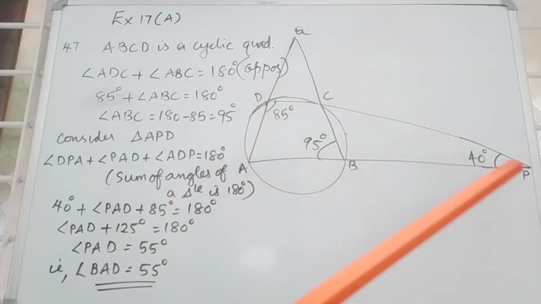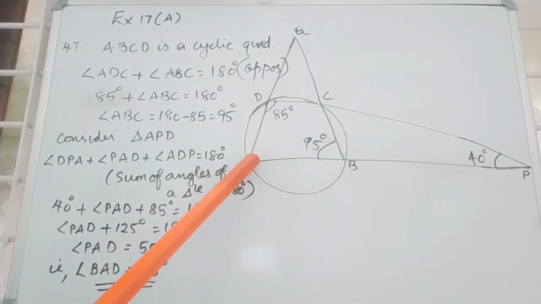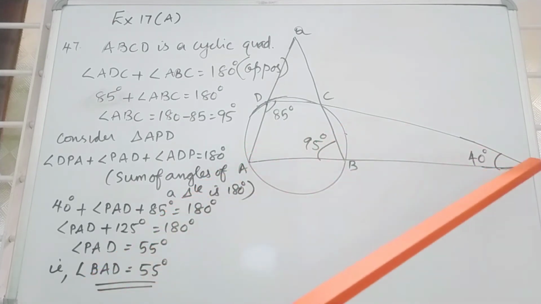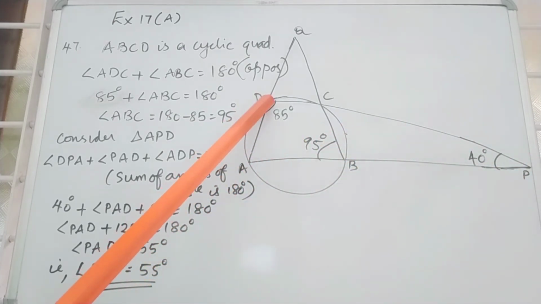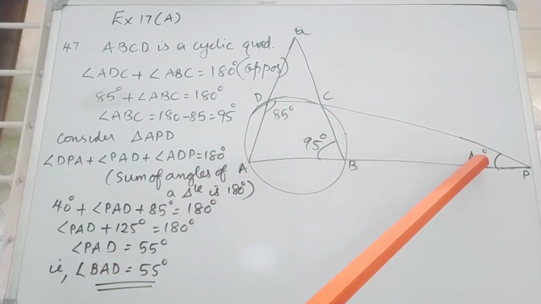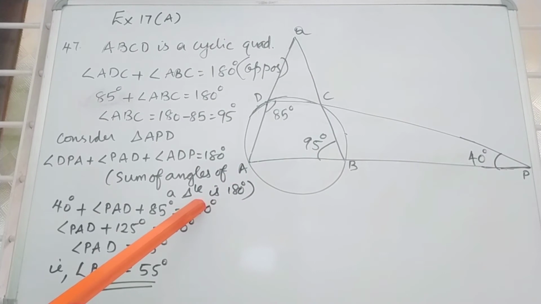We know the sum of angles of a triangle is equal to 180 degrees. So PAD plus 85 plus 40 is equal to 180 degrees. 85 plus 40 is 125. Angle PAD plus 125 is equal to 180. Therefore PAD is equal to 180 minus 125, which is equal to 55.